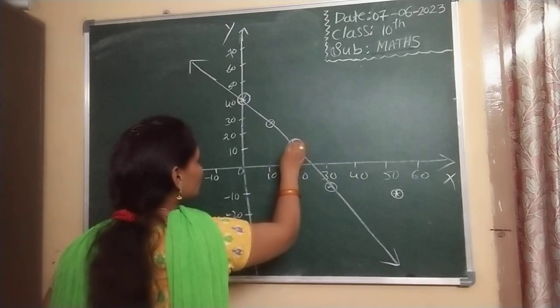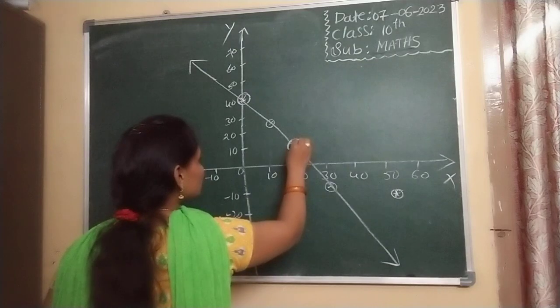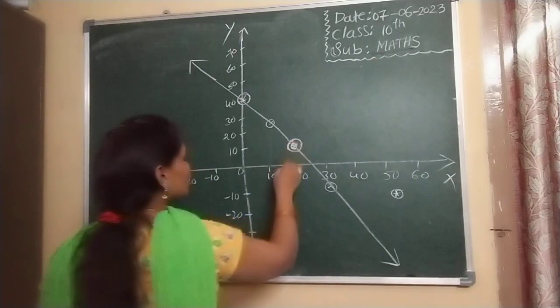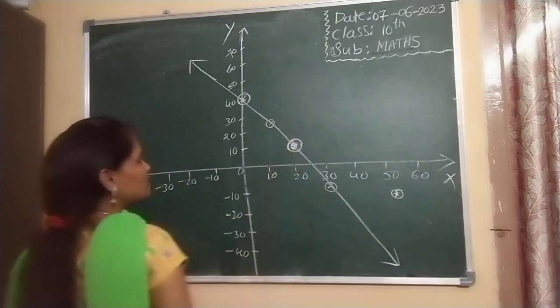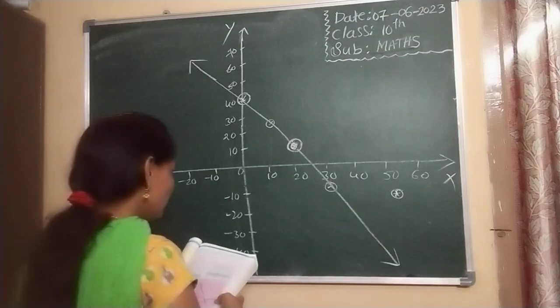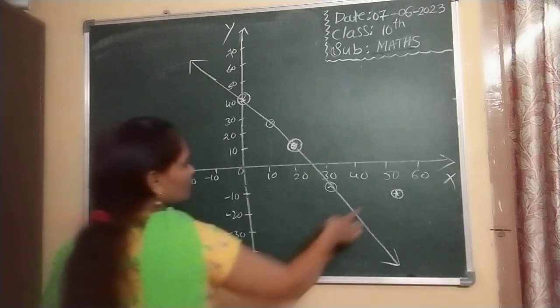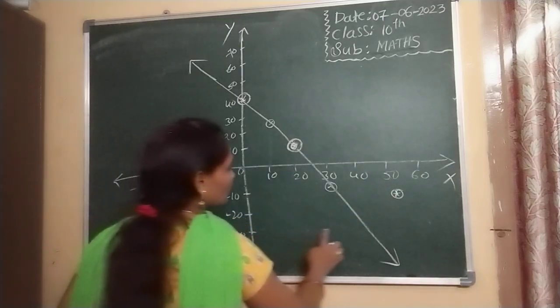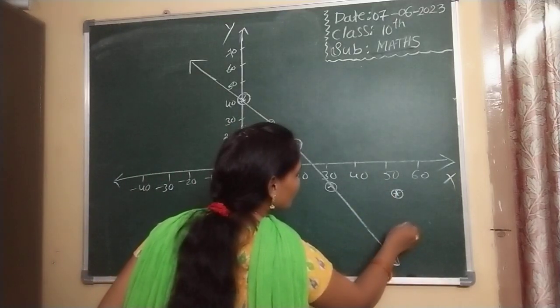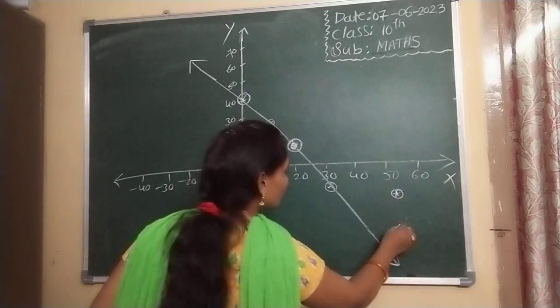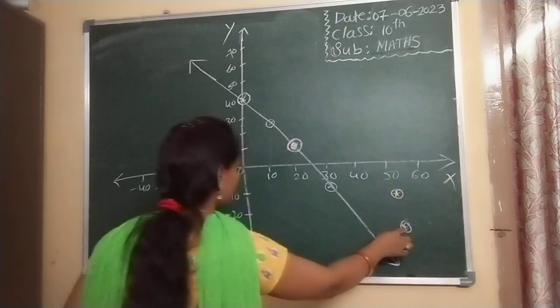Here small circle first one, big circle second one. Second linear equation, first linear equation. Okay. Next, 20 comma 10 over, 50 comma minus 30. Here it will be 50 comma minus 30.